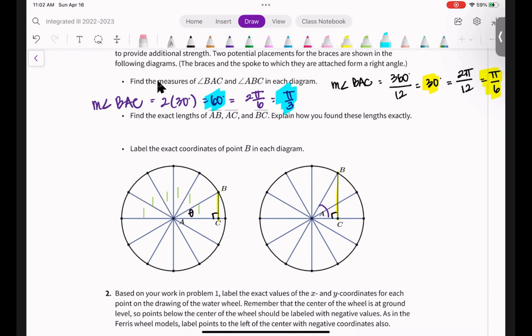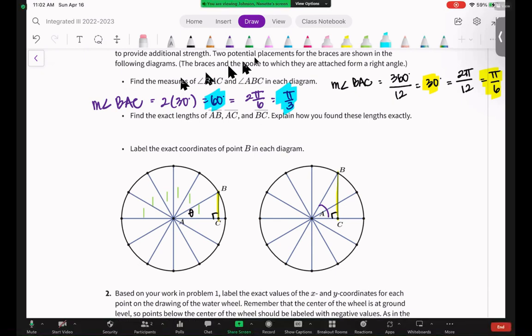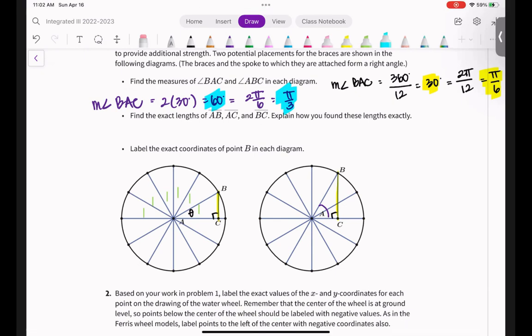Okay, then it says find the exact lengths. Exact. Whenever they say this word exact, they do not want you to plug it into Desmos and give me some decimal approximation. Exact answers have radicals in them. Exact answers have square roots. They have logs.